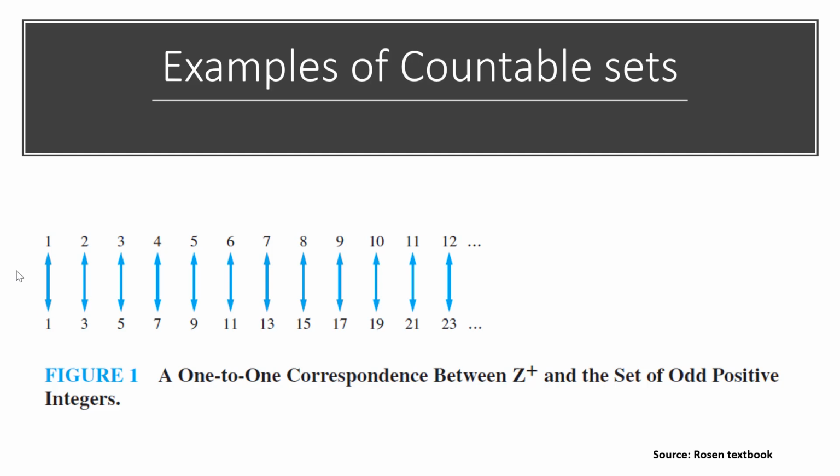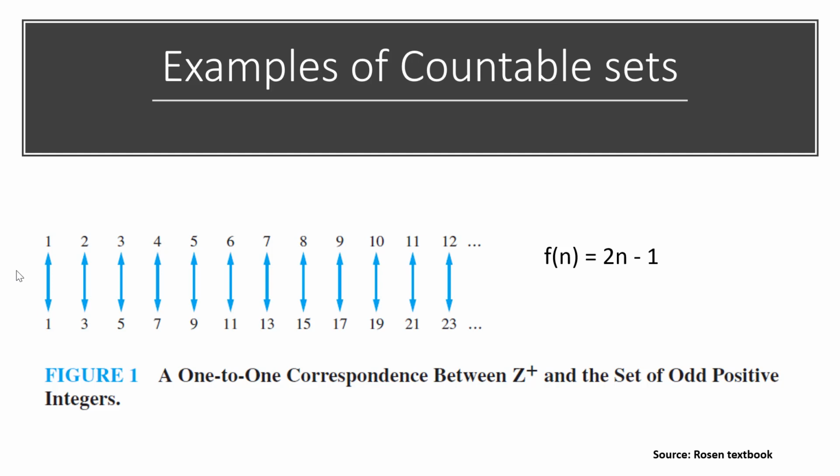Examples of countable sets. Here's a mapping between Z plus and the odd positive numbers. Note that each element in Z plus has a corresponding element in the set of odd positive numbers. How can we define such a function? We can see here that if we define f of n to be 2n minus 1, we have such a function.